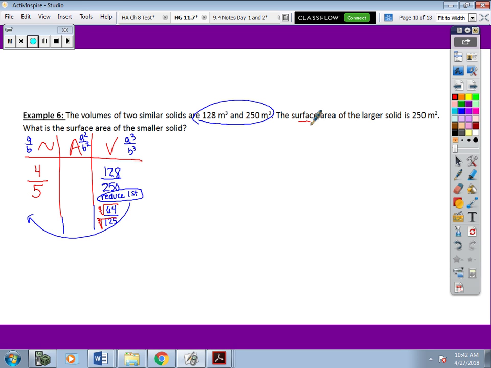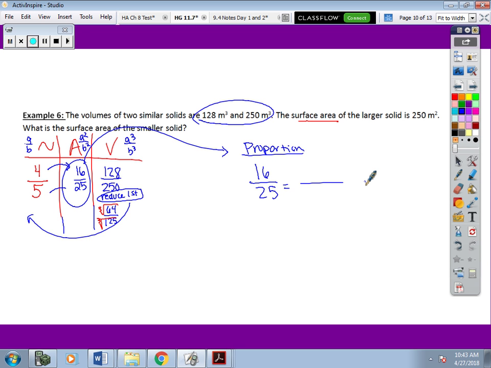They want us to find the surface area, so I need to find the area ratio now. Which means I have to square the top and square the bottom. So I'll get 16 over 25. Now I can use this area ratio to write my proportion, because I have area and I'm setting it equal to area. So 16 over 25 equals something over something.